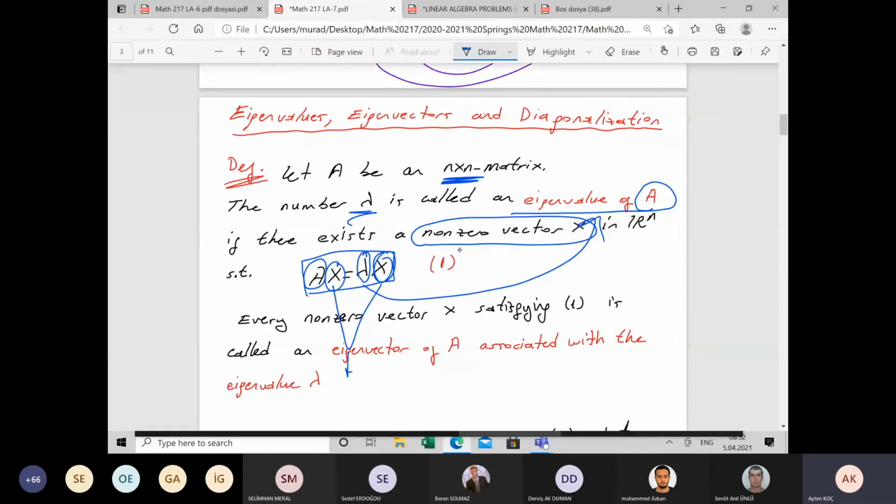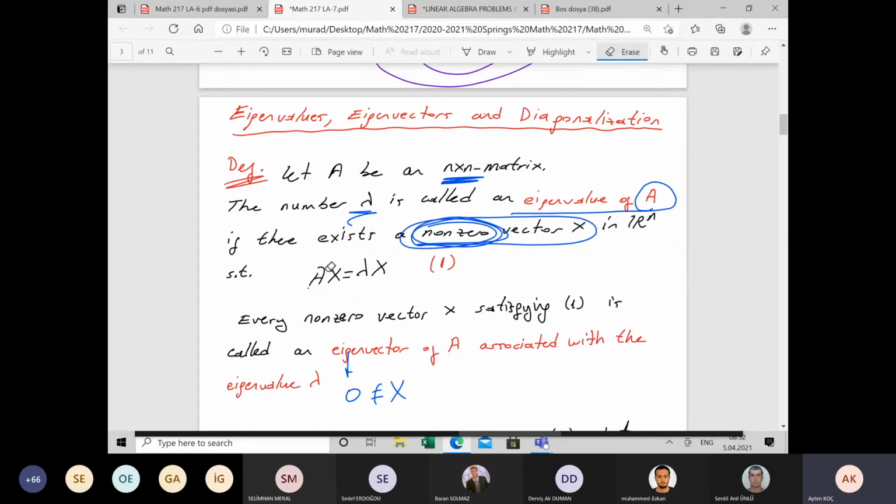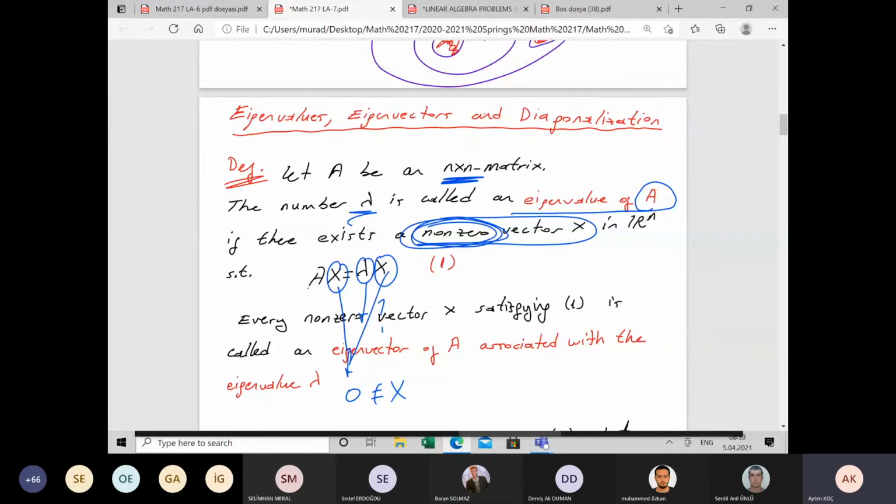We have only our matrix A. X is a non-zero vector, and x is called the eigenvector of A associated with the eigenvalue lambda. But the important point is that x should be non-zero.